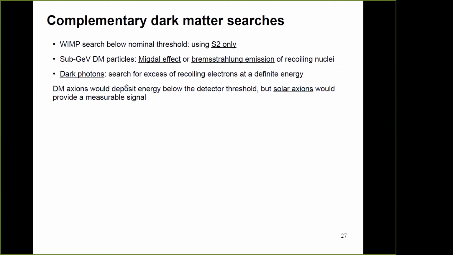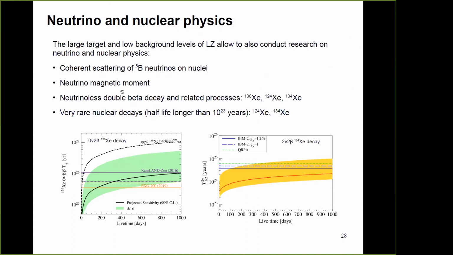One word about axions. We don't have sensitivity to dark matter axions, but we can study solar axions with our detectors. And in addition to dark matter searches, LZ will also be able to do some neutrino and nuclear physics studies because of its large mass and its low background levels.